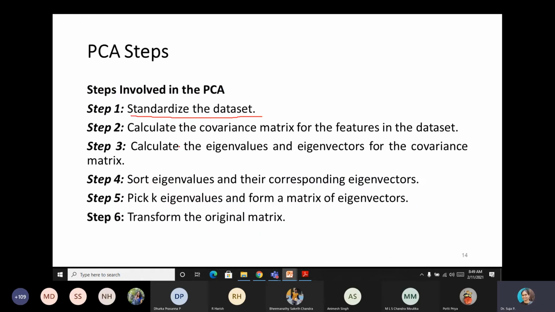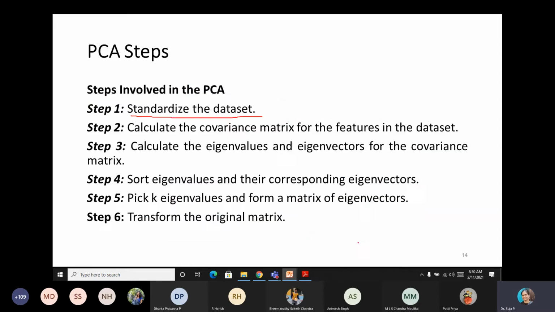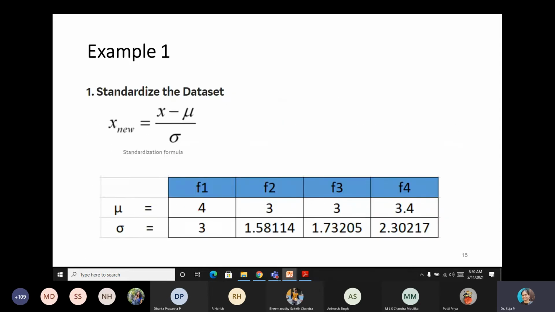Here, for F1 the mu is taken. Similarly, for F2, F3, F4 the mu is taken, and the sigma is also taken for all the 4 features. That is tabulated here, mu and sigma. Now for each feature, for each row, we have to substitute the mu and sigma.